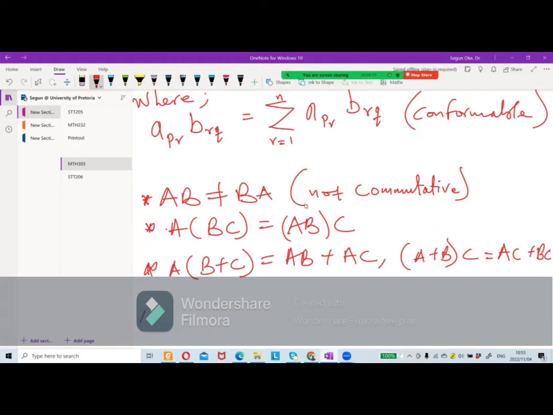Then also they can ask you to determine the determinant of a square matrix.